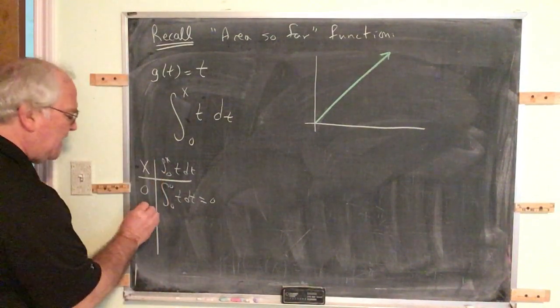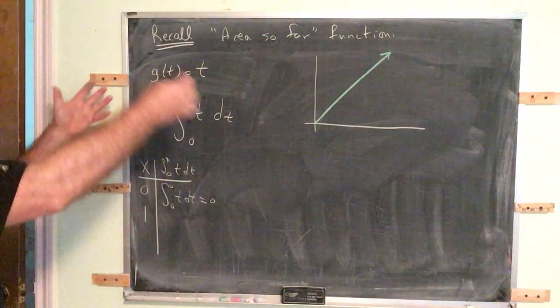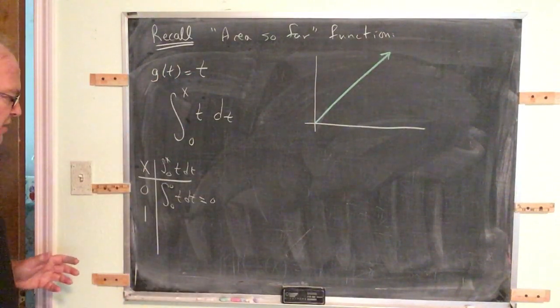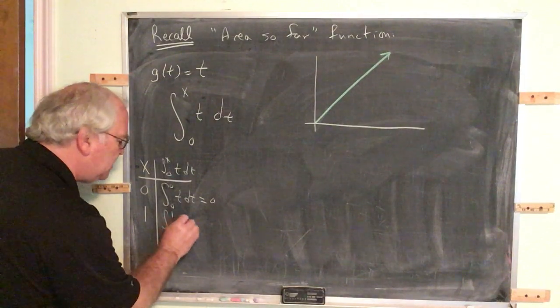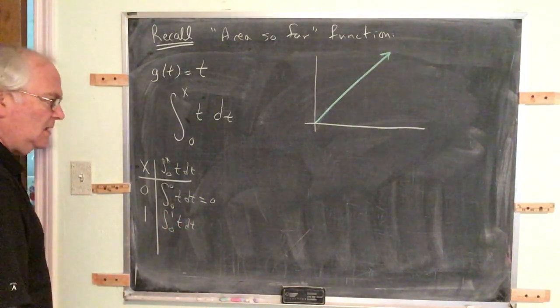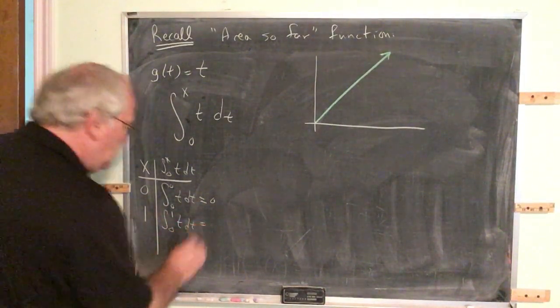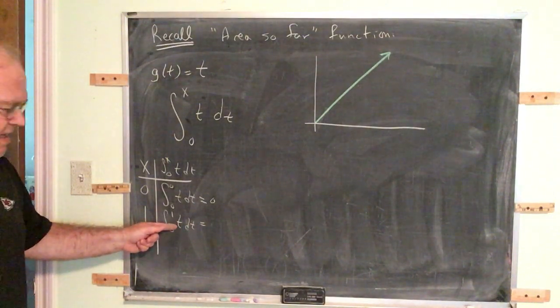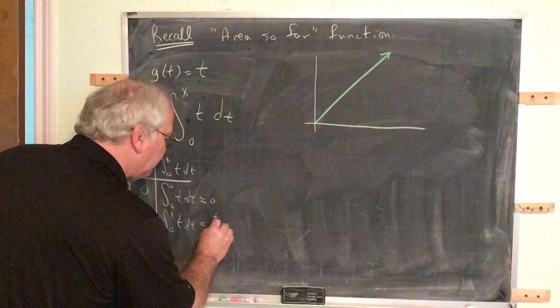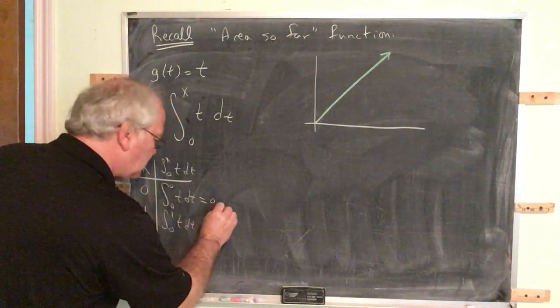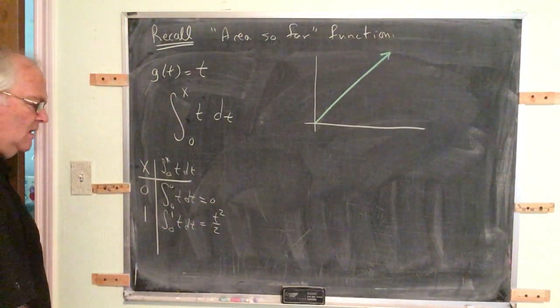But look, if I choose x to be 1, what does that represent in the larger picture? Well, it is the integral from 0 to 1 of t dt. What is that? Well, find an antiderivative of t. The antiderivative of t is t squared over 2.